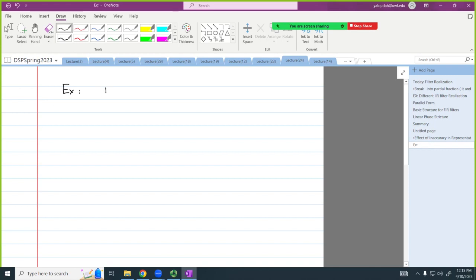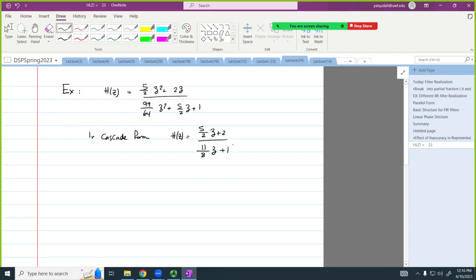So if we implement the filter H(z) = (5/2 z squared + 2z) / (99/64 z squared + 5/2 z + 1), if we have it in cascade form, I can write this as H(z) = (5/2 z + 2) / (11/8 z + 1) multiplied by z / (9/8 z + 1).